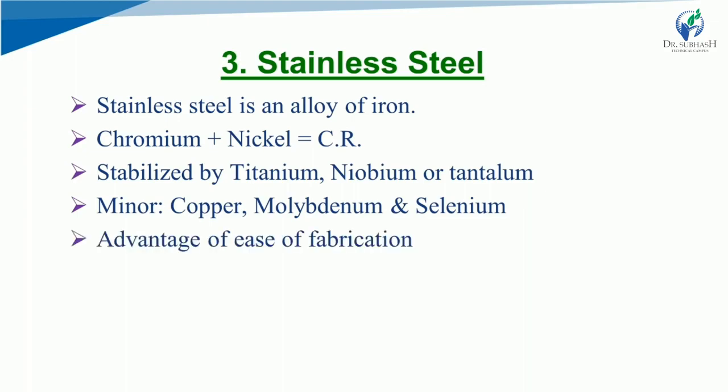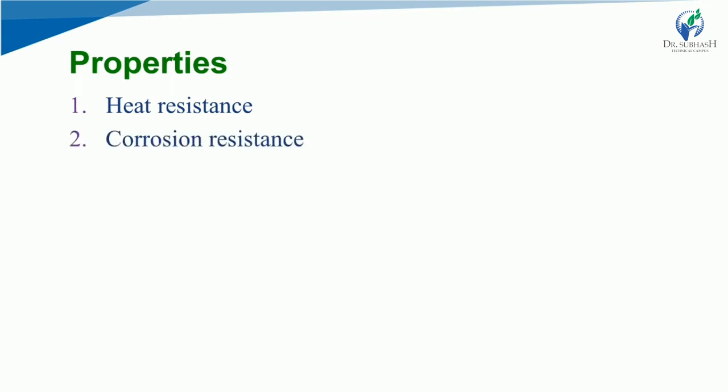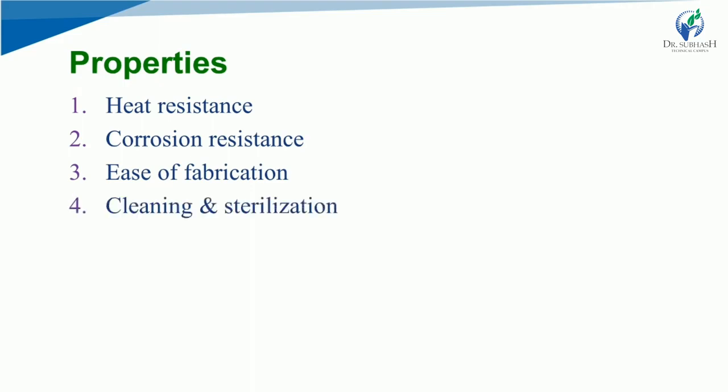Advantages: ease of fabrication. You can change the shape. Now, what are some of the properties? First is heat resistance. Second is corrosion resistance. Third is ease of fabrication that we have already discussed. Fourth, cleaning and sterilization.